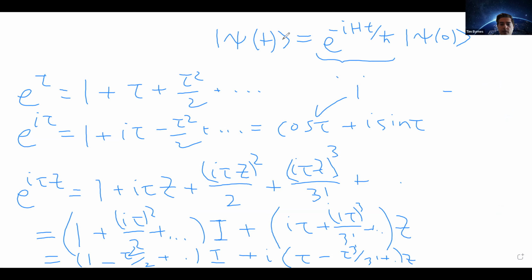The cosine expansion is 1 minus tau squared over 2, and the sine expansion is tau minus, yeah, I think that's right, tau minus tau cubed over 3 factorial. So basically, the trick is that all this stuff here is cosine tau, and all this stuff here is sine tau.